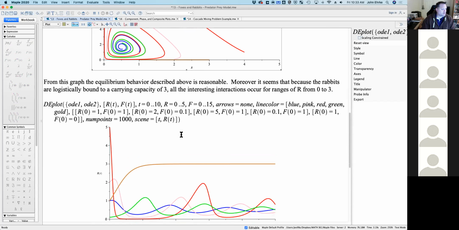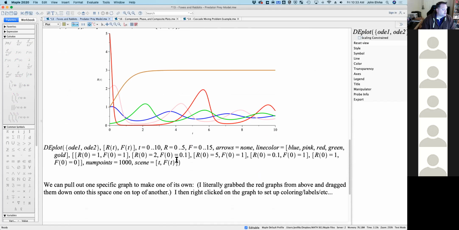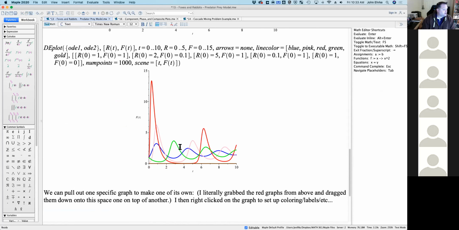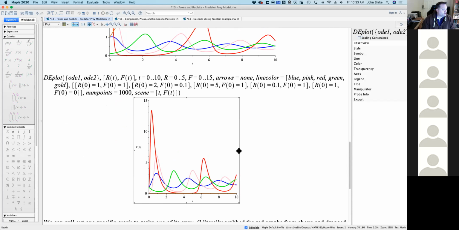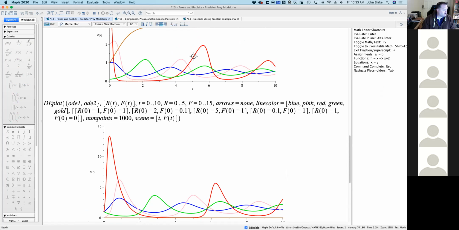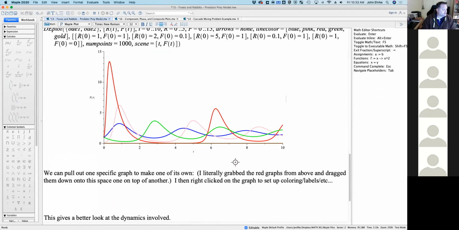And we'll talk more about that when we talk about harmonic oscillators. I can similarly do the same thing for the foxes. So here are the component plots for the foxes. I can look at all of their individual pieces and compare them side by side.